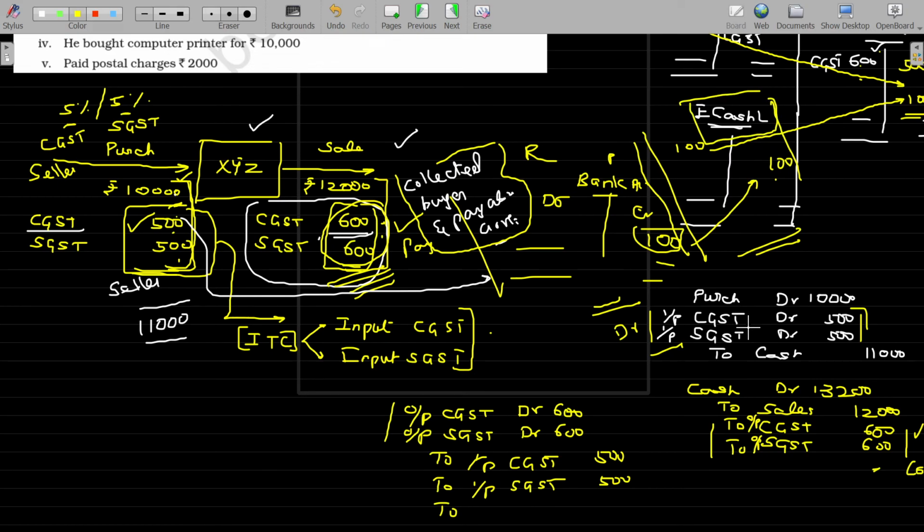Routed through electronic cash ledger, or simply you can name this cash, or simply it can be named as cash or bank. But this payment is routed through what? Routed through electronic cash ledger, ECL. I hope you could understand the three accounts.